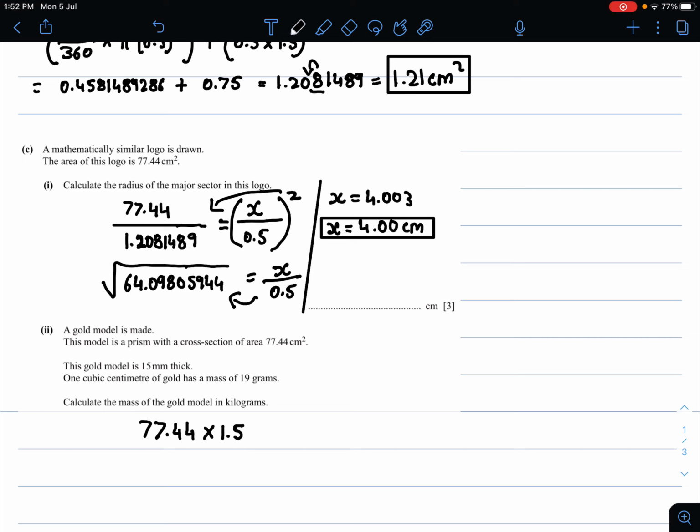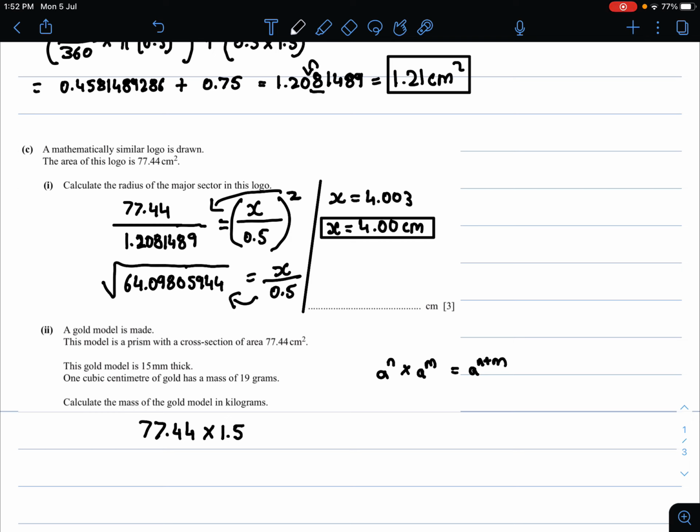Now 1 cubic centimeter of gold has a mass of 19 grams. Centimeter square multiplied by centimeter would give us cubic centimeters, because centimeter raised to 3, since if you multiply two indices you end up adding them using this rule: a raised to n multiplied by a raised to m is equal to a raised to n plus m.